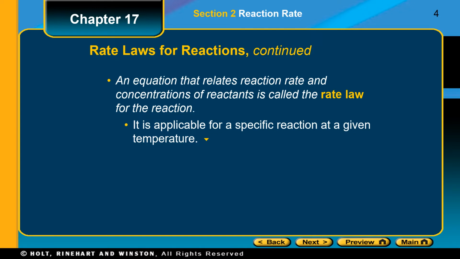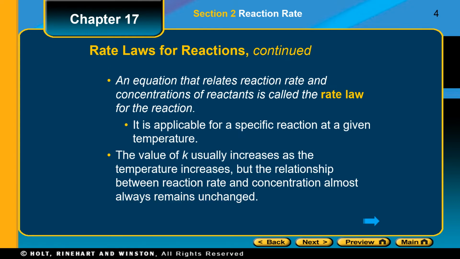So if I had raised the temperature, the K would become different. The value of K usually increases as the temperature increases, but the relationship between the reaction rate and the concentration is almost always the same. In other words, the only part that would change about that equation is that we'd have a different K if the temperature was different.